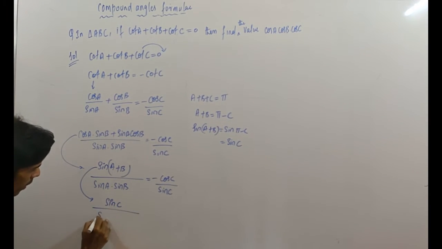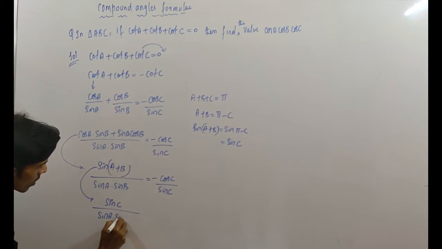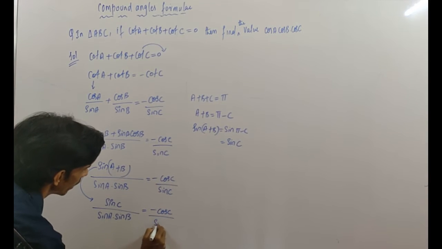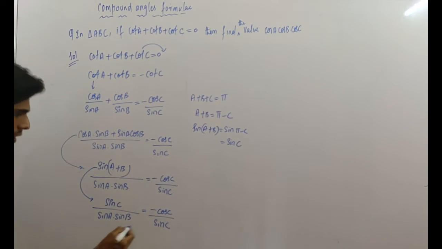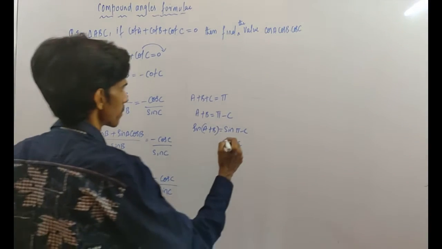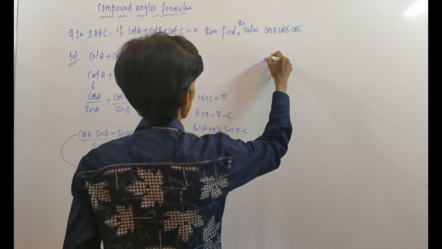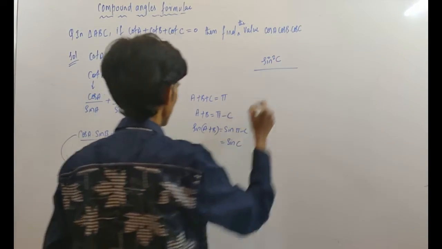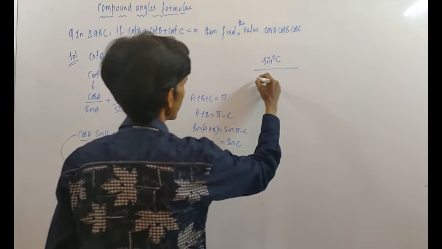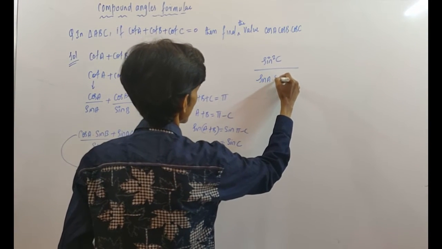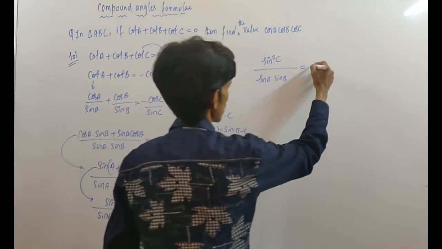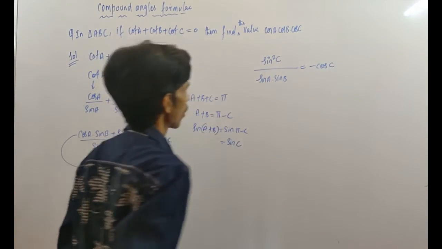Sine C divided by sine A sine B is equal to minus cos C divided by sine C. Now multiply this here. It will become sine square C divided by sine A sine B is equal to minus cos C. We have got this value.